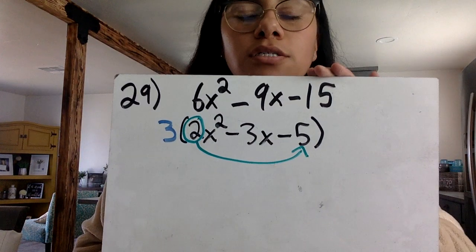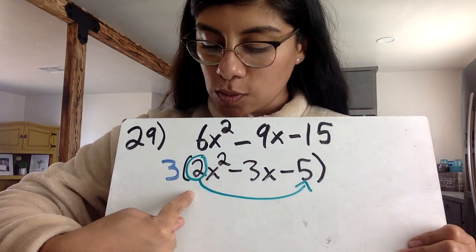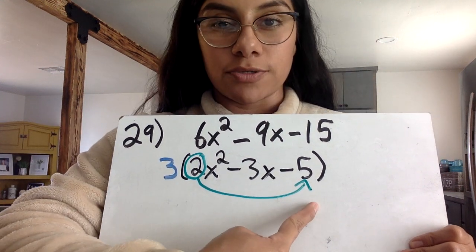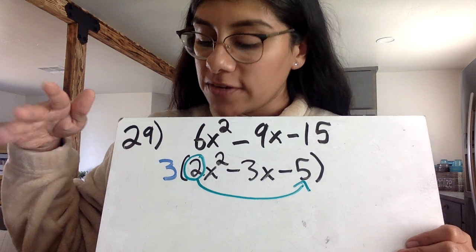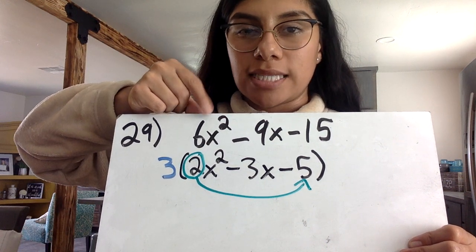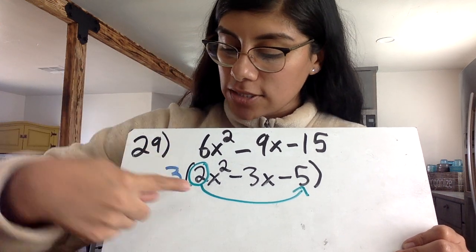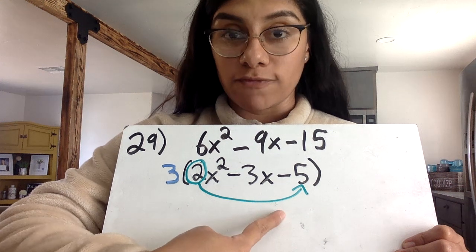And there it is. So I took out that 3. Once you do that, this is what the new polynomial looks like inside the parentheses. If you're unsure, pause the video real quick, distribute that 3 to every single term, and you'll see that you get the same polynomial that I have here. So now that I took out that 3, this is a simpler polynomial for me to factor.